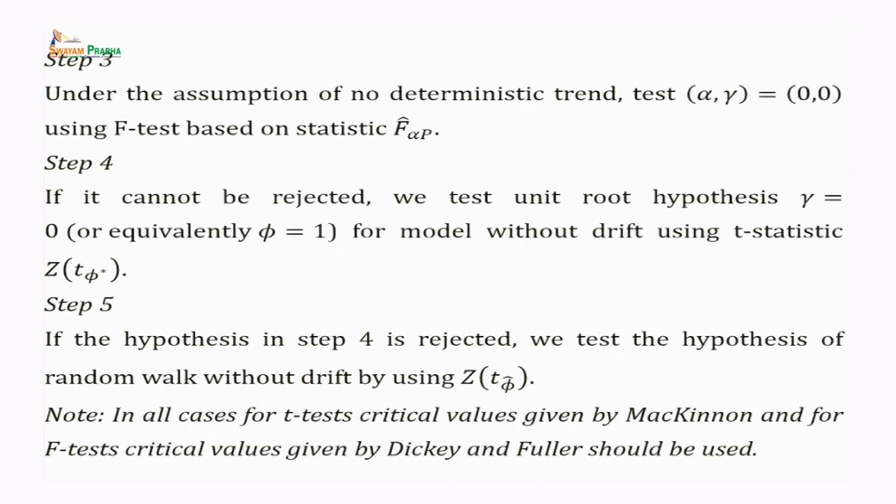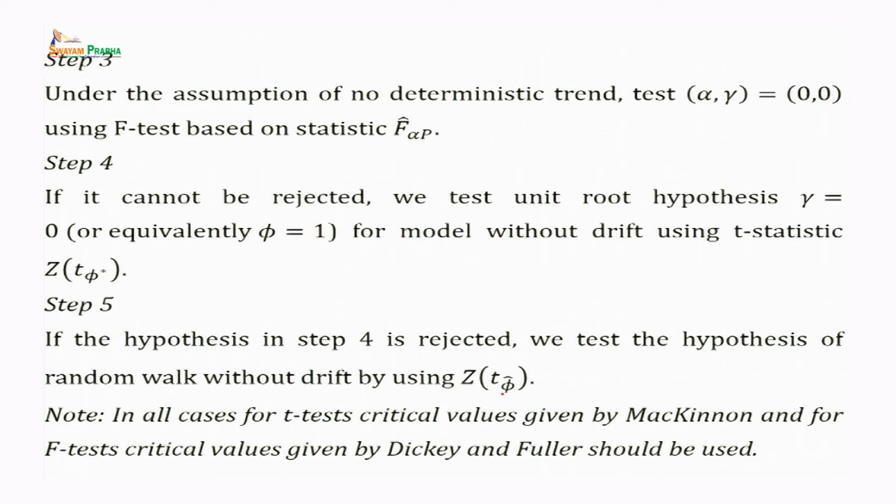In the next step 5, if the hypothesis of step 4 is rejected, then we test the hypothesis of random walk without drift by using Z_T phi hat. So, we perform the test in different steps to reach the final conclusion whether your model has a drift term or not, whether it has a trend or not, or whether it is an I(1) process or not.